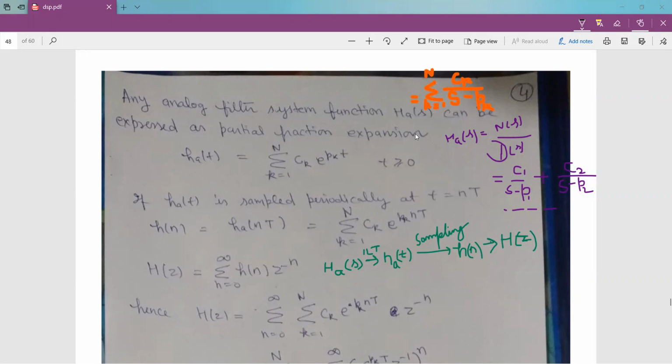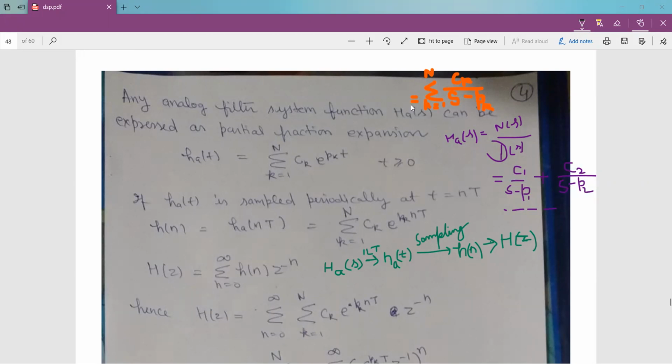For example, if the transfer function is expressed as a ratio of polynomials, N(s) divided by D(s), and if D(s) is a quadratic equation in s, then it can be expressed using partial fractions as a coefficient divided by the first pole term plus a coefficient divided by the second pole term.